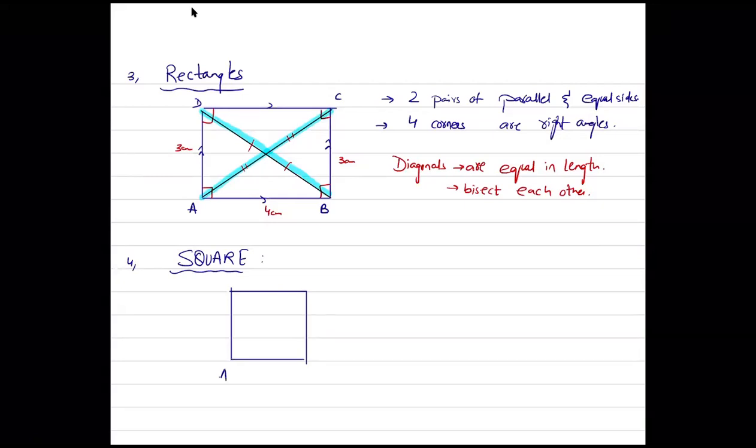Let's consider A, B, C, D as a square. So in a square, the first property that you know is that all the sides are equal. All sides are equal in length. DC is parallel to AB and AD is parallel to BC, so you have two pairs of parallel sides.